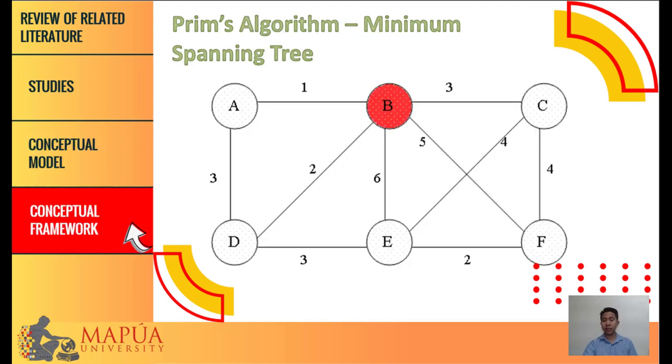Prim's algorithm is used to construct a minimum spanning tree by starting from any node and repeatedly adding the lowest cost connection to a node not yet in the tree, avoiding loops and ensuring all points are connected at minimal total cost.